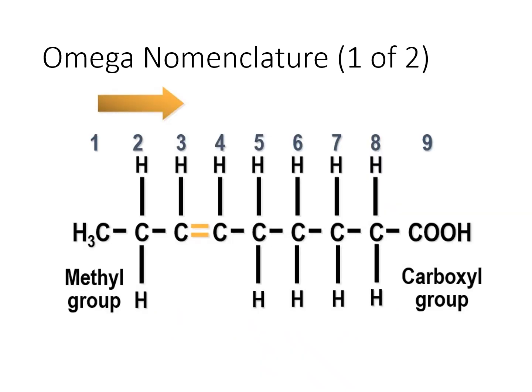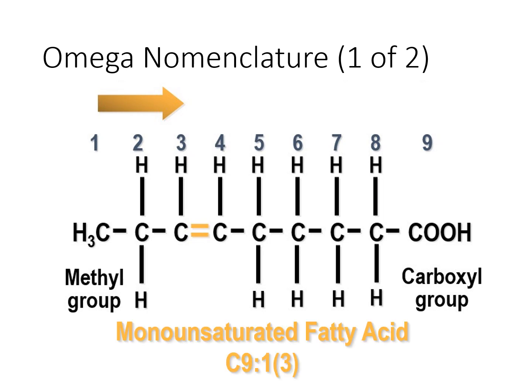This one here, we're starting at that methyl group again. 1, 2, the third carbon has a double bond to the fourth carbon. So we would consider that an omega-3. And it is monounsaturated because there is only one double bond between carbons. Monounsaturated fatty acid C9, because there are 1, 2, 3, 4, 5, 6, 7, 8, 9 carbons.